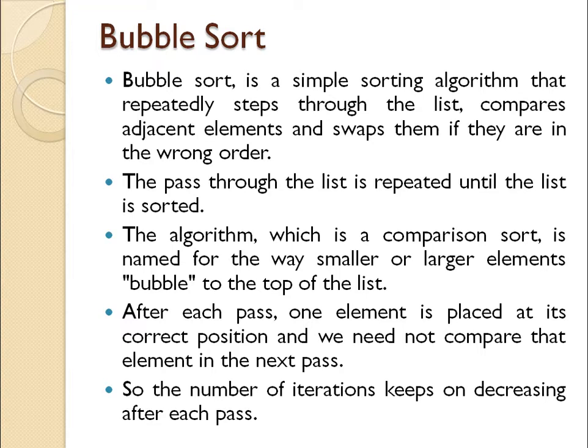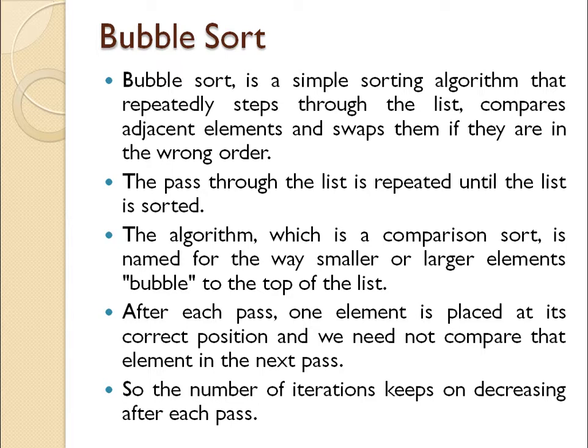If you apply the approach of bubble sort, then you have to compare adjacent elements and swap them if they are not in the correct order, and you should move on in the array. The pass through the list is repeated until the list is sorted. So you have to go through the list again and again until you get the sorted list.